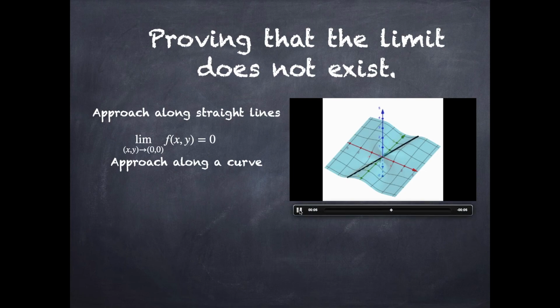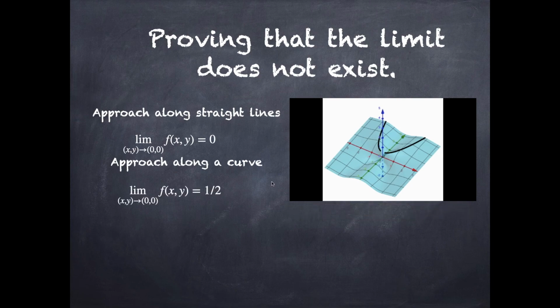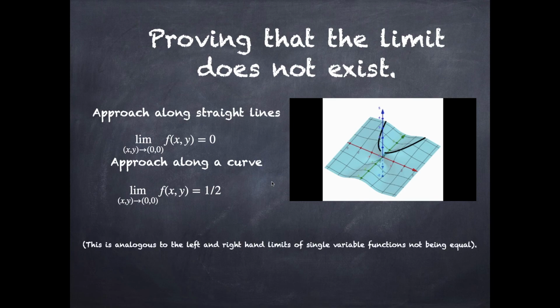But if we are approaching to 0, 0 along the curve y equals x squared, the height of the corresponding point on the graph of this function is 1/2. Since the limits do not agree, we say the limit does not exist. This is analogous to the left and right-hand limits of single variable functions not being equal.